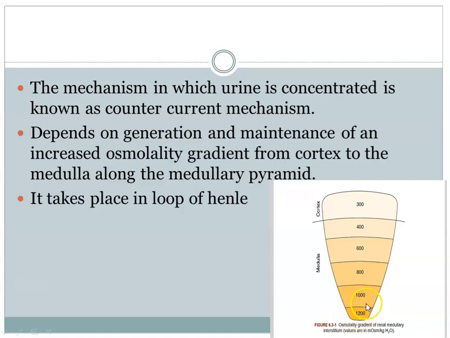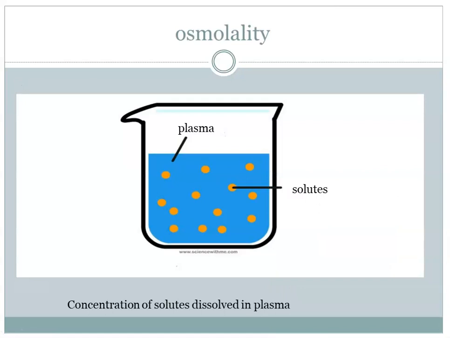There's increased gradient at the base, at the medulla. So, the countercurrent mechanism depends on this gradient. This countercurrent mechanism takes place in the loop of Henle, mainly in the juxtamedullary nephrons.